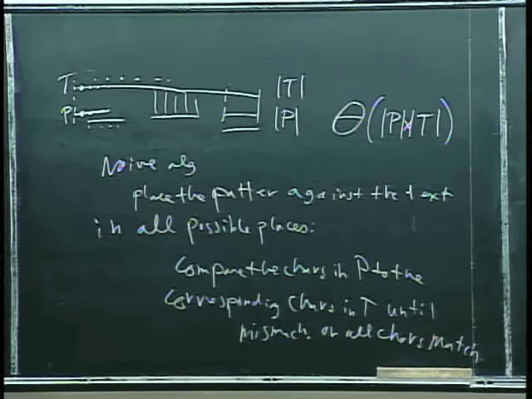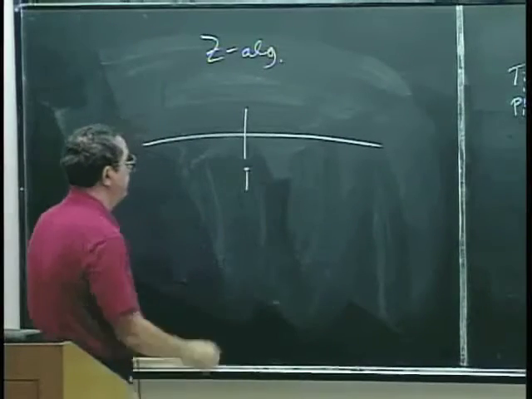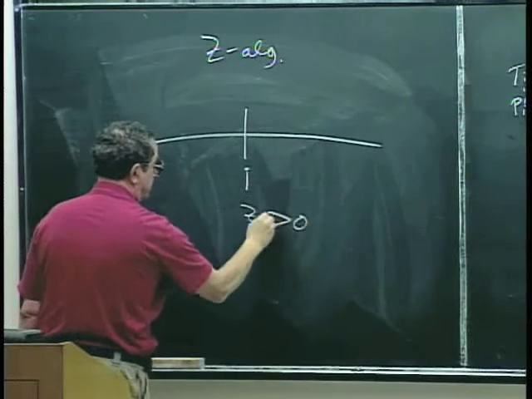And I need some additional notation. So, the Z algorithm. Let's say that this is a position where Zi is greater than 0.